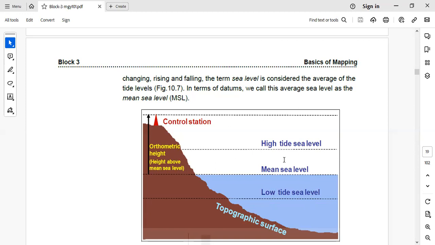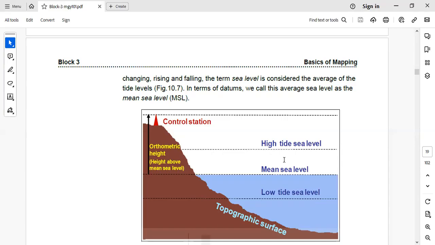We take the value of the high tide sea level and the value of the low tide sea level, and after averaging these two values we get a mean value, and that value is known as the mean sea level.